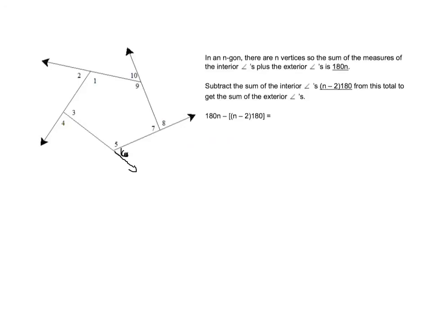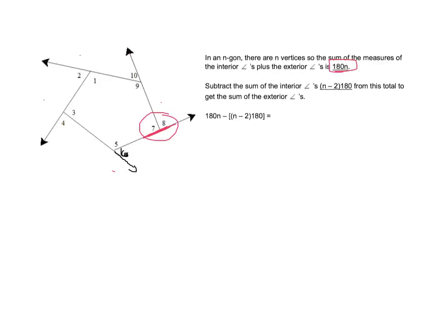If you look, if I wanted to know the sum of all of this together, well, if I have an interior angle and an exterior angle, they create a line making this 180 degrees. If I wanted to know all of this together, all I would have to do is take 180 degrees times however many vertices that we have, giving us the 180n. But I know the interior angles.